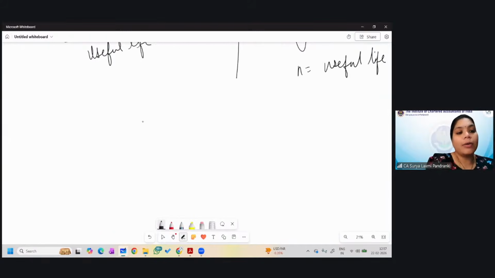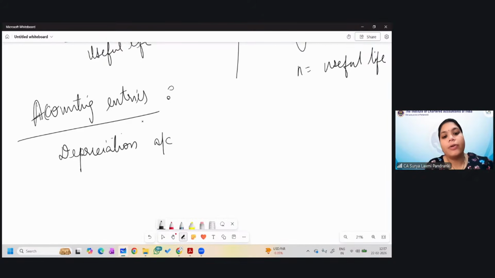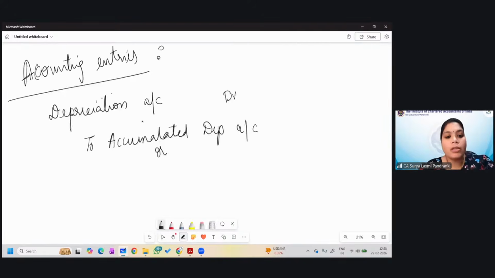Now, let us also see accounting entries, the journal entries. The depreciation account will be debited, and what is credited is the accumulated depreciation account, or you can also write provision for depreciation.